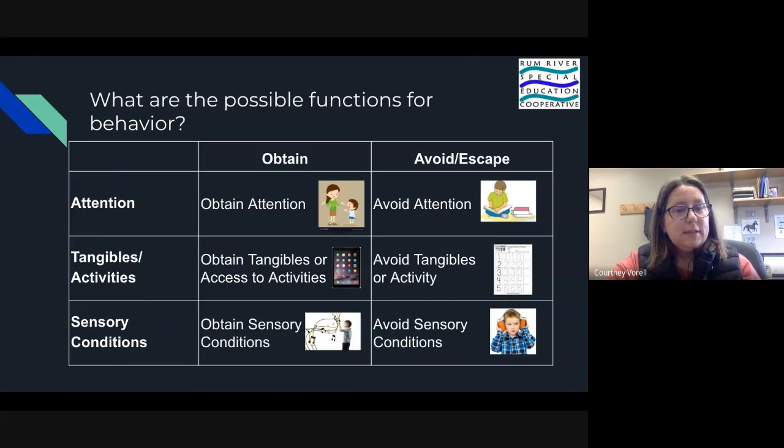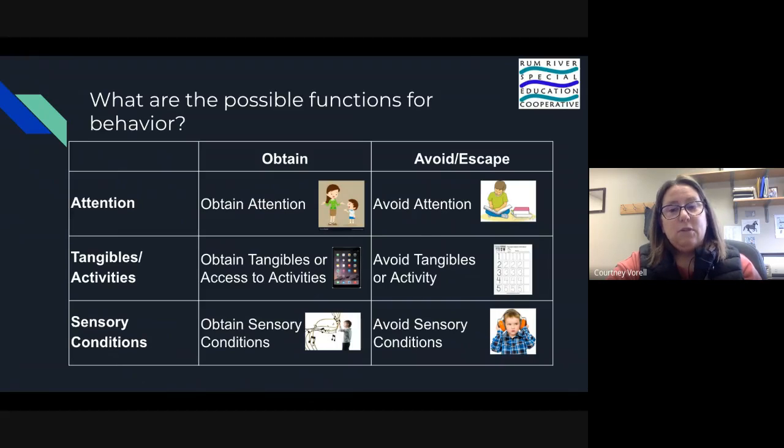So it doesn't always make sense to us, because I think as usually competent adults, we think it's just a worksheet. Why is a worksheet aversive? And that can be for a lot of reasons, but most of the time it relates to their learning history, so their experiences in the past with that. Maybe they were harshly criticized in the past.